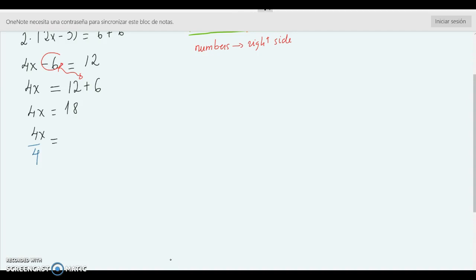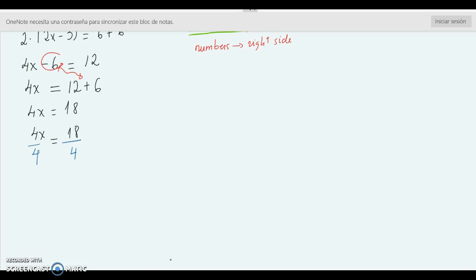If I divide one side by a number, I need to divide the other side by the same number. And this is a very important rule to keep in mind. If I don't do this, the equation will be wrong, incorrect.